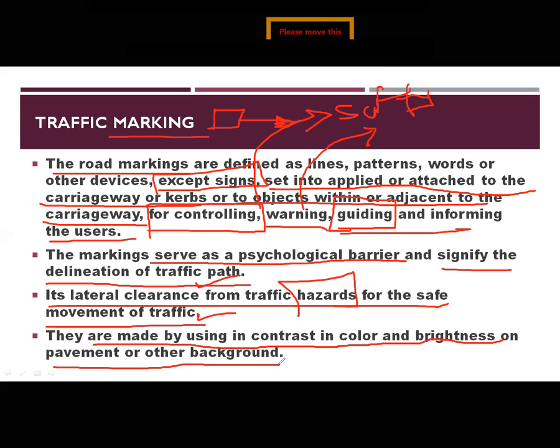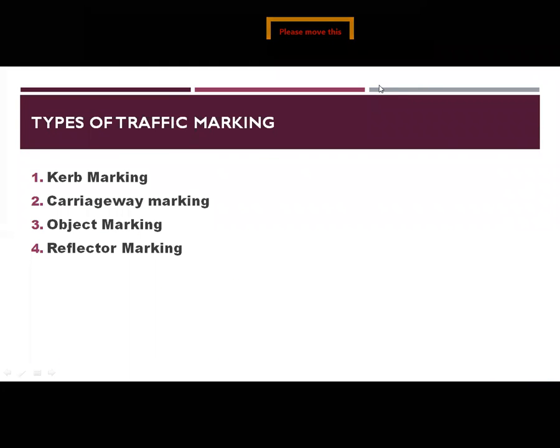The visibility must be maximum and it should not go out of sight. These are the major meaning and significance of the traffic margin.